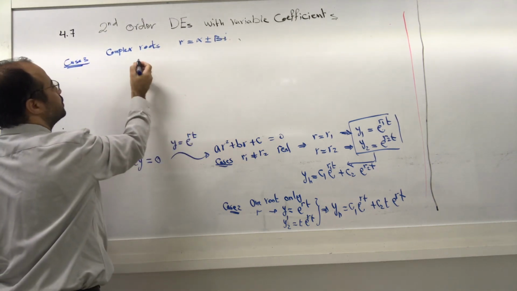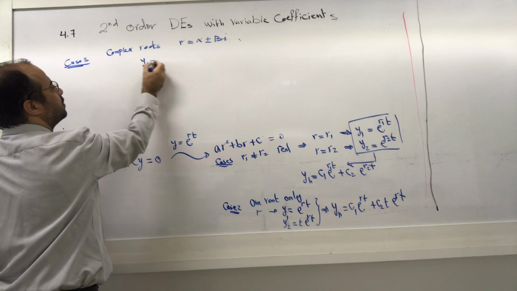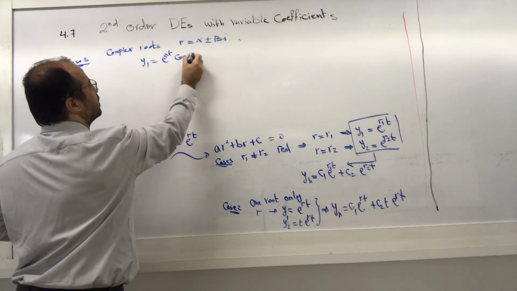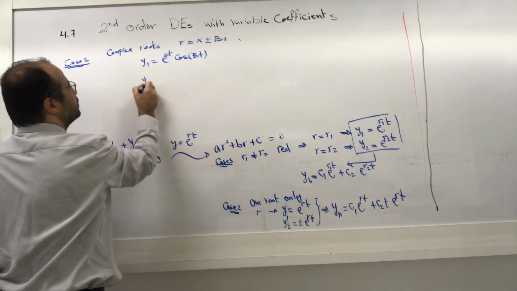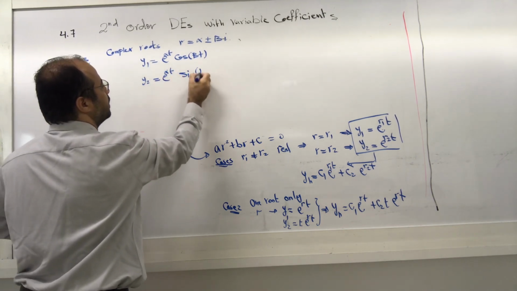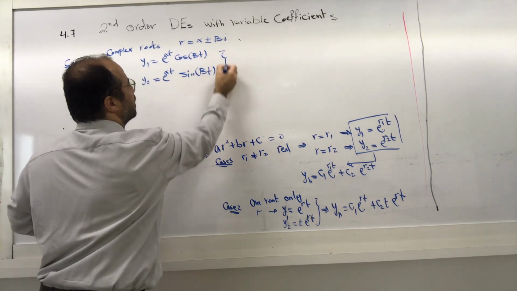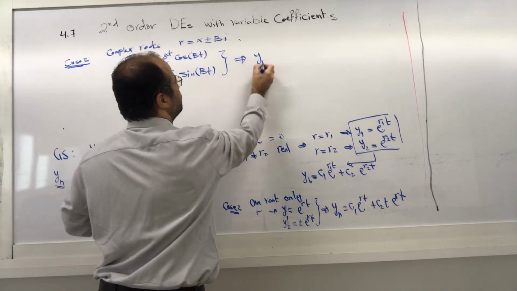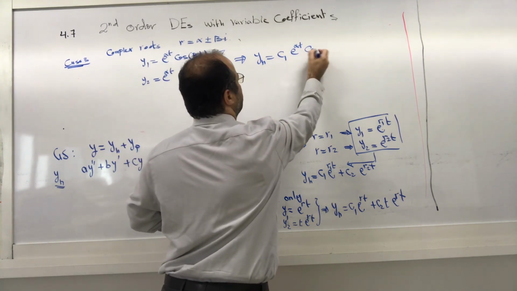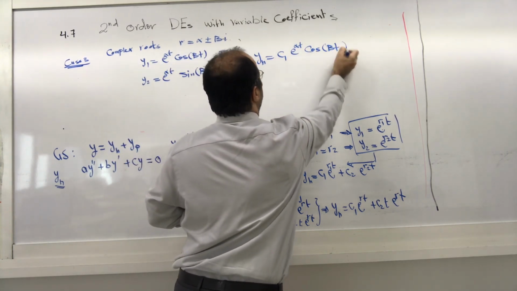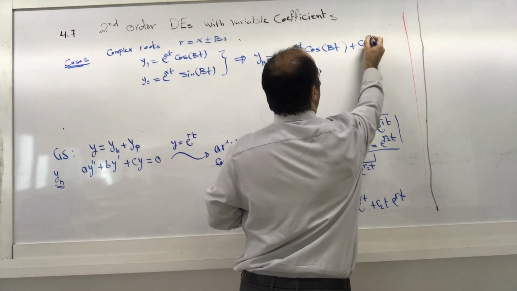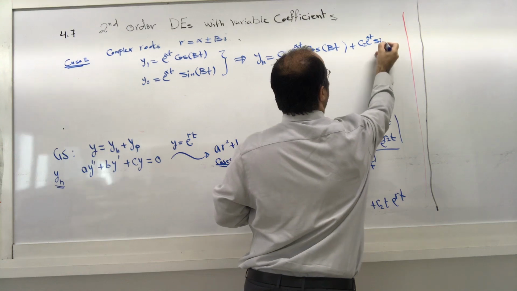Then for your solution, you know the story, y1 will be e power alpha t cosine beta t, and y2 will be e power alpha t sine beta t. From this you can build up your homogeneous solution to be c1 e power alpha t cosine beta t plus c2 e power alpha t sine beta t.